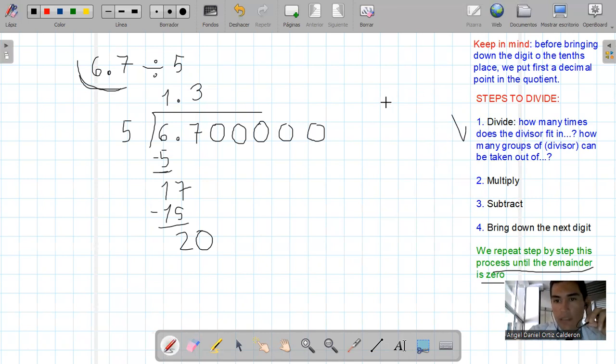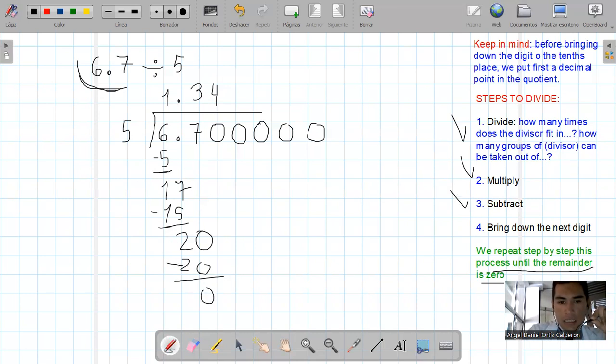First, we divide. How many times does 5 fit in 20, or how many groups of 5 can be taken out of 20? Well, 4 groups exactly, because 4 times 5 equals 20, right? That was the multiplication, then the subtraction.